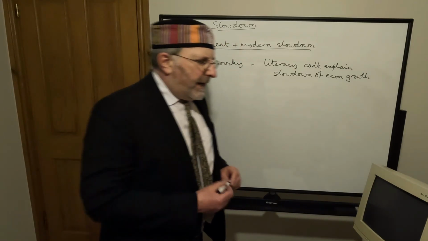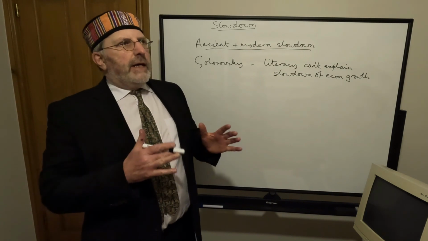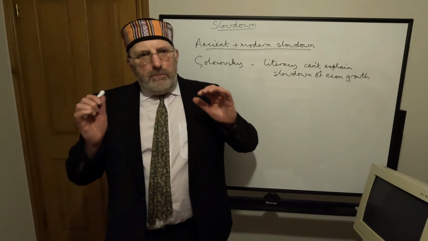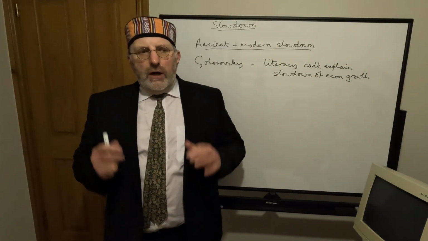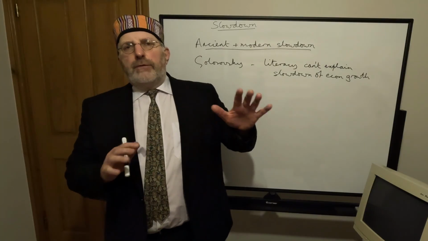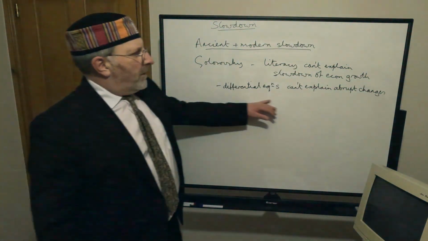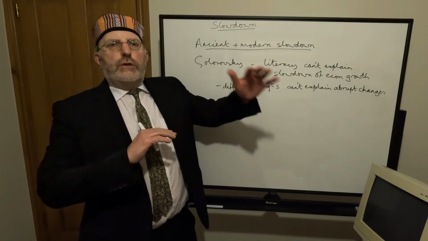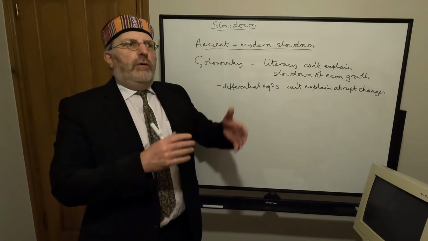And he says that the problem is that models based on differential equations, on calculus, can't really explain abrupt changes. Let's write that up. Differential equations are good at modelling continuous change, but they can't model things that happen all of a sudden.